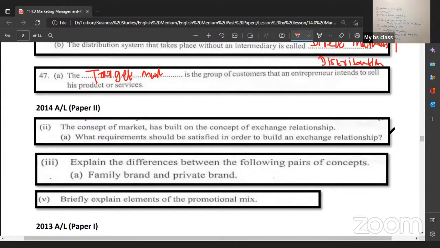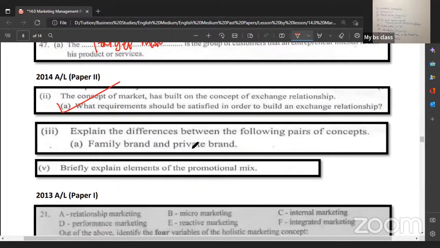Let's check that out. Yes, it's the same. The conditions to be fulfilled for effective exchange: at least two parties should be there, each party needs to have something to offer, and the freedom to accept or reject.